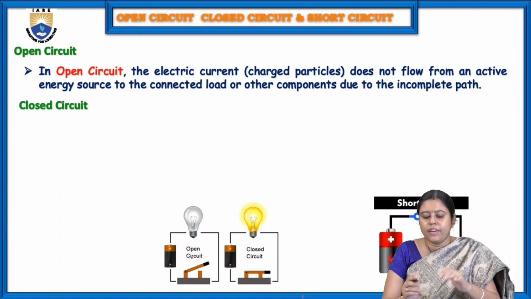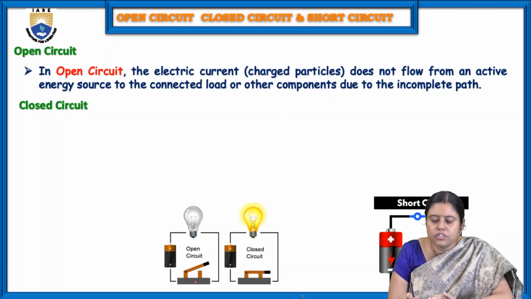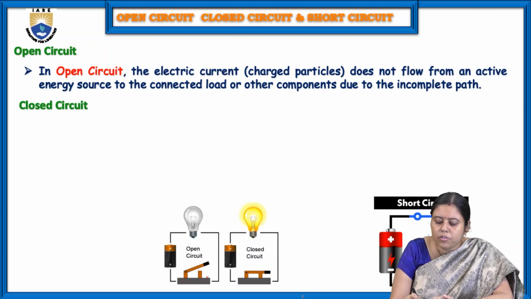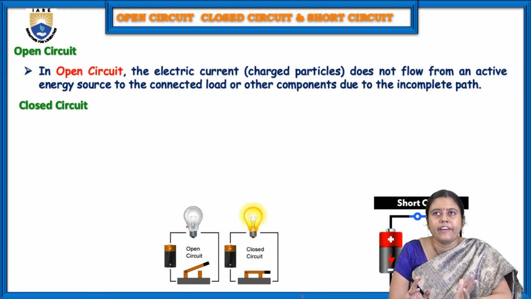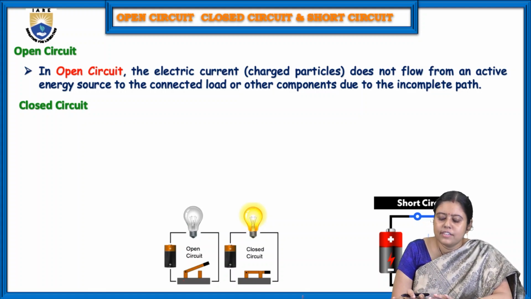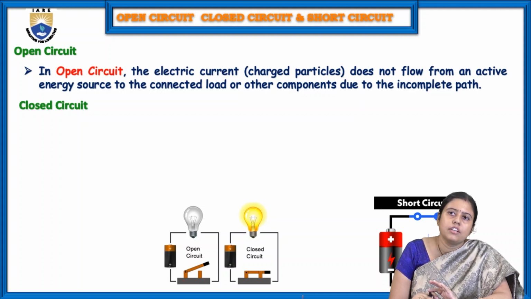The switch is open, and this is graphite, which is not a conducting path. So from the battery, the charge will not flow to the light or bulb. It is an open path, so we can say it is an open circuit condition.